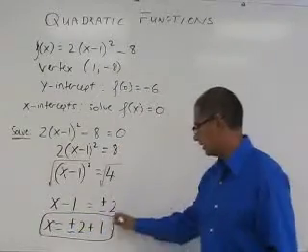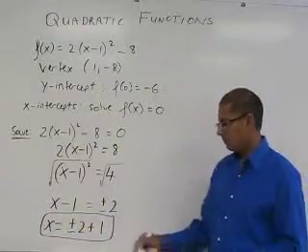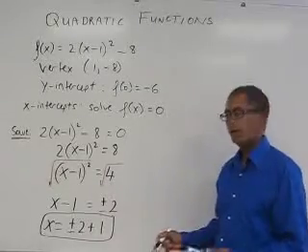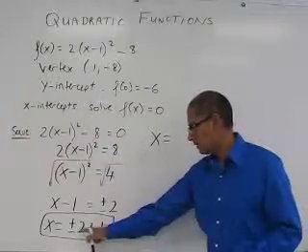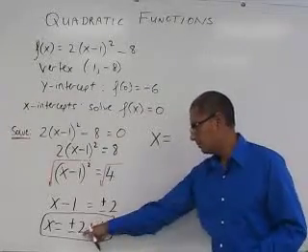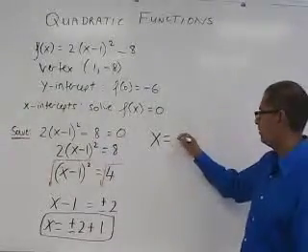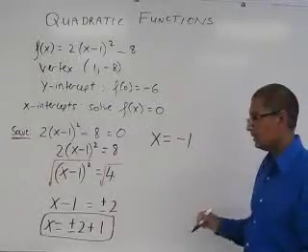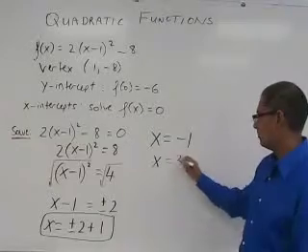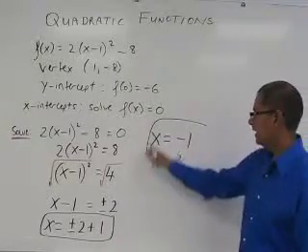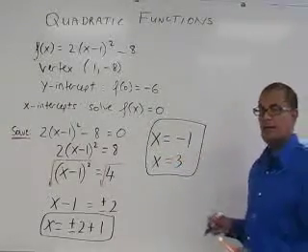So those are my x-intercepts. But plus or minus 2 plus 1, we can calculate that out. If it were minus 2 plus 1, that is minus 1. And if it were plus 2 plus 1, that's 3. So my x-intercepts are negative 1 and 3.